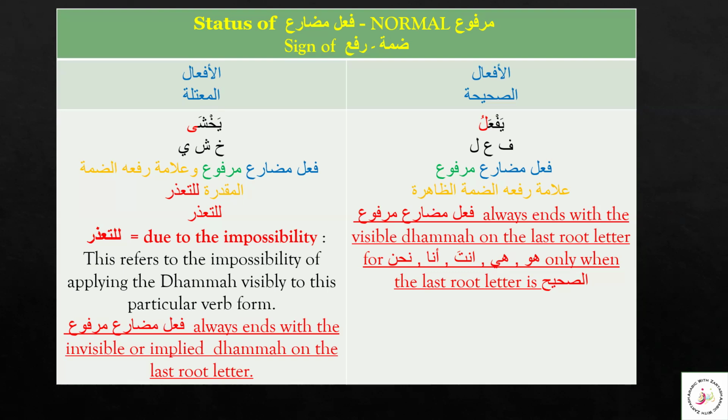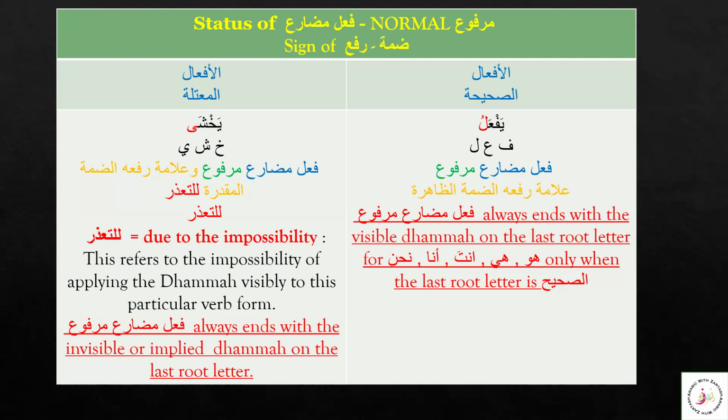Afal mu'talla are very hard to recognize, but there is a way to recognize this type, when they end with the harf illa. For afal sahih they are easy to recognize, either with dhamma zahira or fatha zahira or sukoon zahira. But how are we going to recognize a fi'l mu'talla? The easy way is that you know there is an implied dhamma.